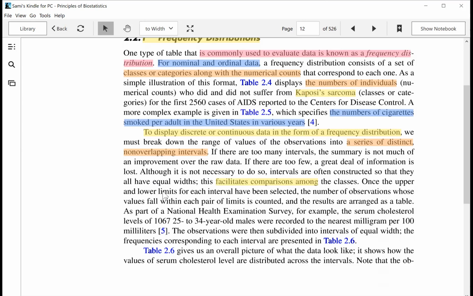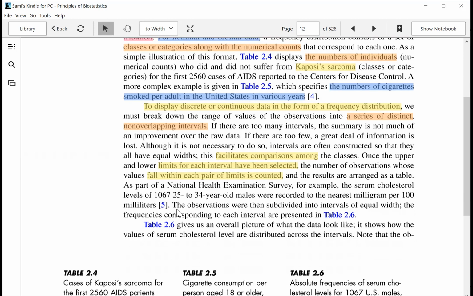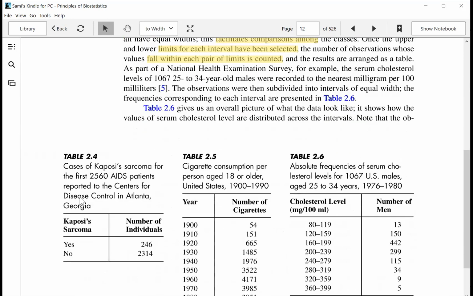Once the upper or lower limits of each interval have been selected, the number of observations whose values fall within each pair of limits is counted, and the results are arranged as a table. So you have here table 2.4, the cases of Kaposi sarcoma for the first 2,560 patients reported to the CDC, yes or no, and the number of individuals.